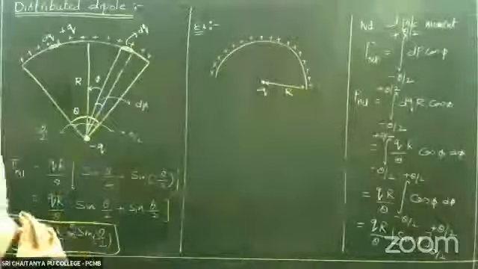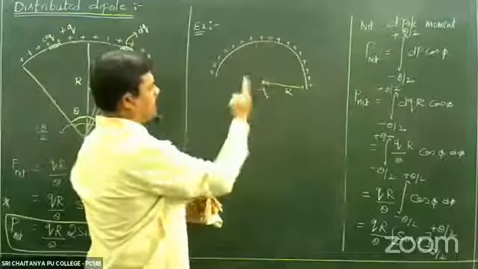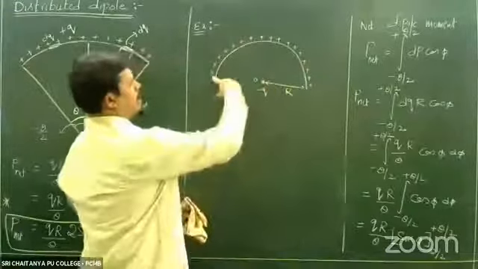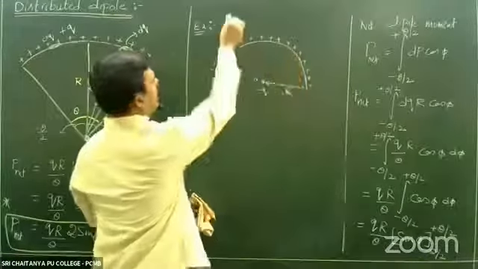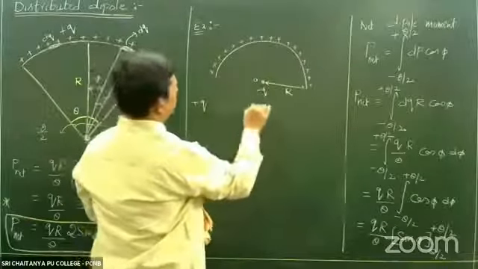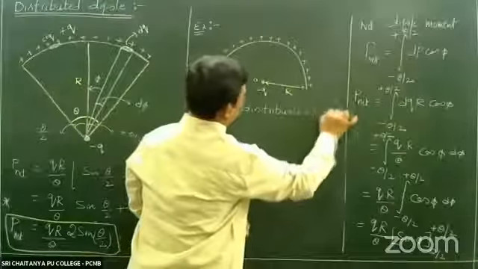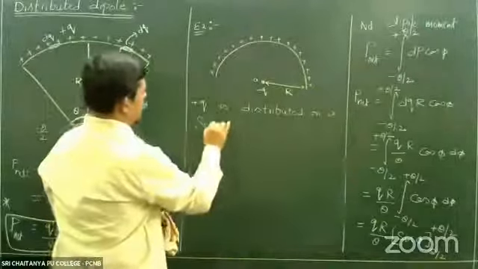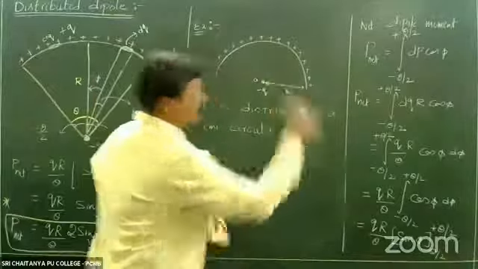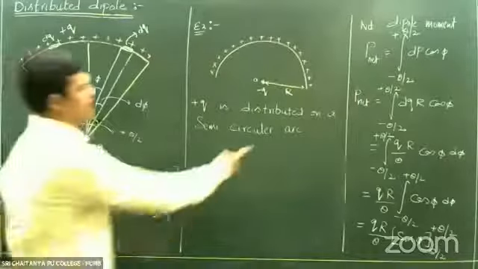That is a distributed dipole. How is the positive charge distributed? Negative charge is at the center O and positive charge Q is distributed on a semi-circular arc of radius r.